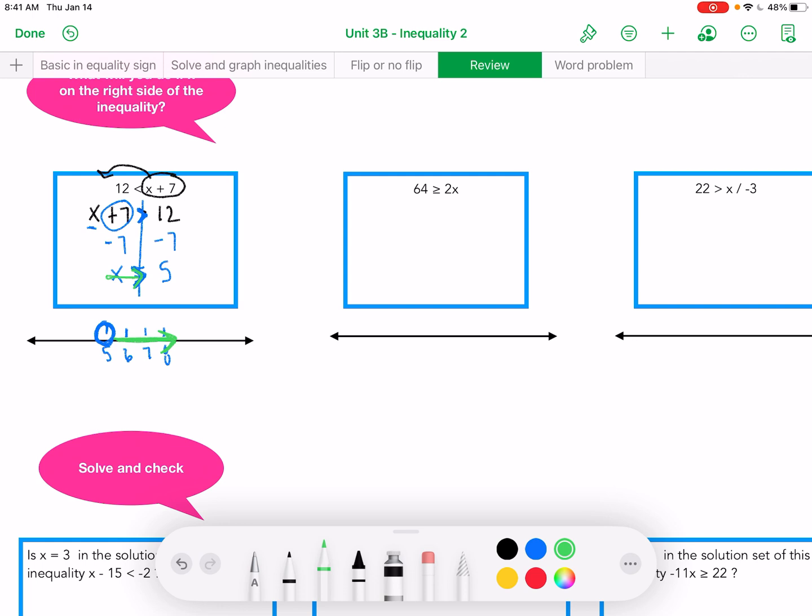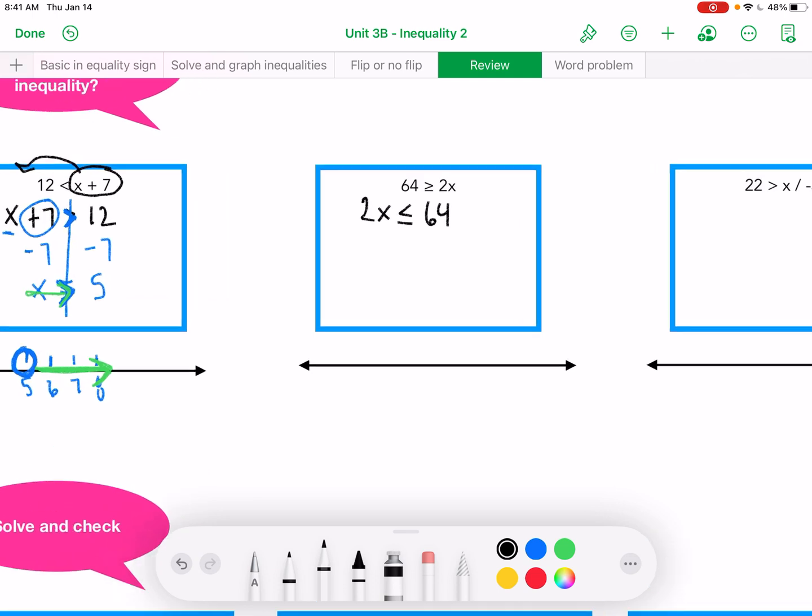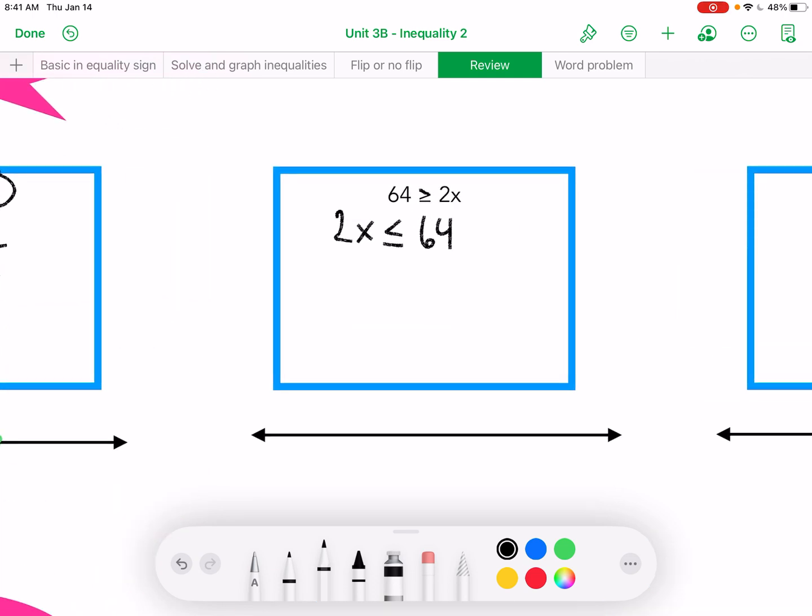Okay, our next one. Again, this is a number increased by 2 is less than... So I'm going to write a number increased by 2 is less than 64. If you look at the sign, and if I write it, the greater than sign is going to the 64, and the less than or equal to is going towards the 2.